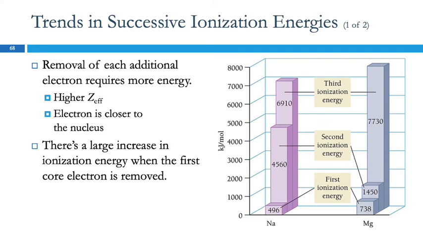We also see trends in successive ionization energies. So we're looking at first, second, third, fourth, fifth. How are they changing? Here we're looking at sodium and magnesium. Sodium's first ionization energy is very small. When sodium loses 1 electron, it gets a noble gas configuration, right?